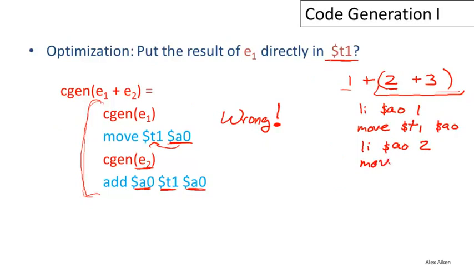And now you should be able to see what's going to go wrong, because since this uses the same code generation strategy, it's also going to try to use T1 to hold the temporary value. So it's going to move the accumulator into T1, thereby clobbering the value of the previous sub-expression that we had evaluated, the number 1. Okay, so that value is going to be overwritten. And then we're going to do an add.